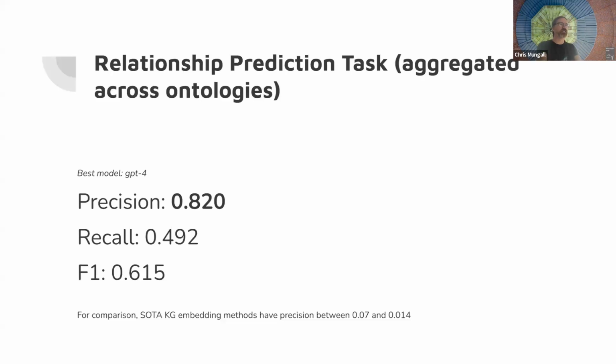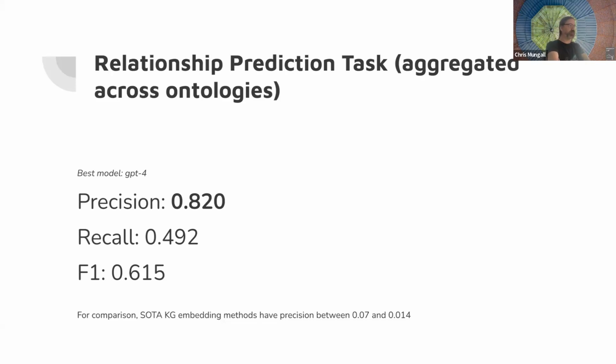So on the relationship prediction task, it actually does very well on precision. It makes incorrect guesses relatively rarely. It maybe does less well on recall; there are things that it misses. But when we look in more detail at some of these results, we see that it's suggesting relationships to terms that don't yet exist.